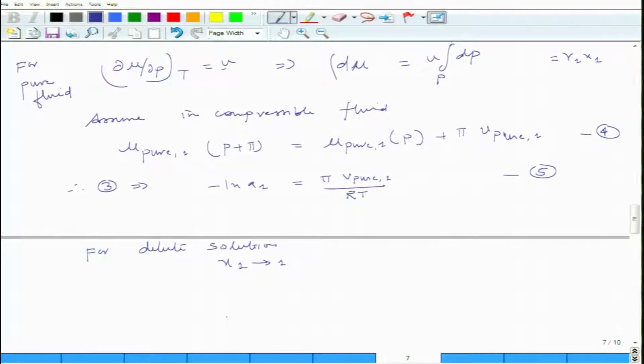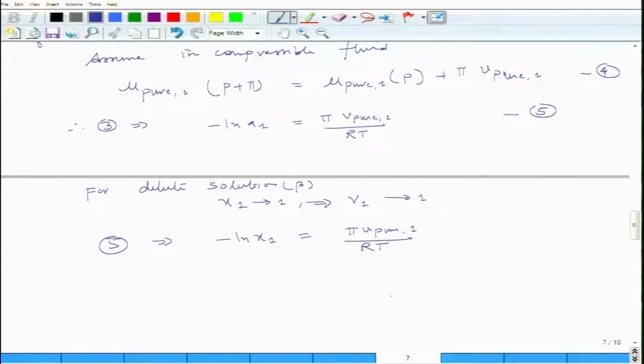When x1 is 1, this is beta phase, right? And then we are saying this implies that gamma 1 is 1. Okay, in other words, equation 5 will become minus ln x1 is equal to pi v pure 1 by RT.